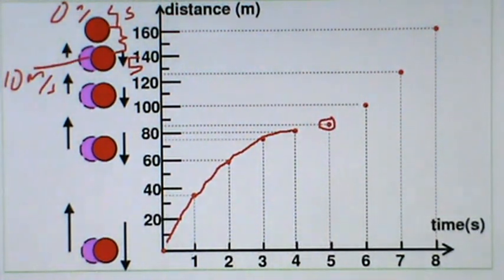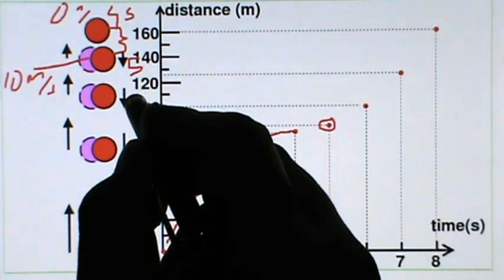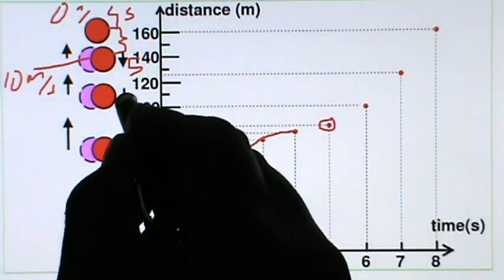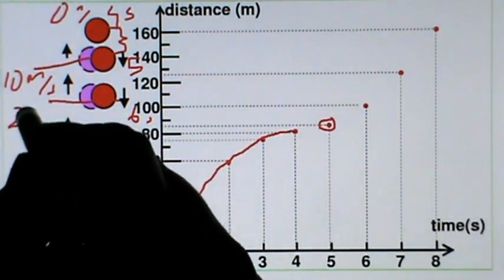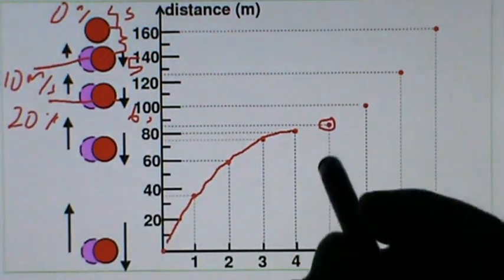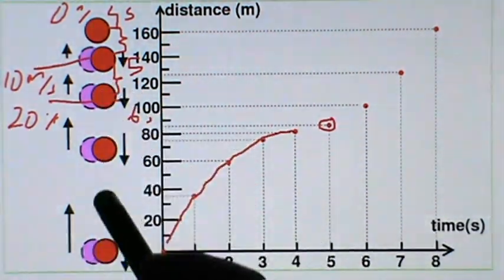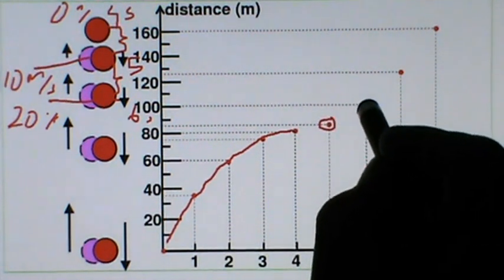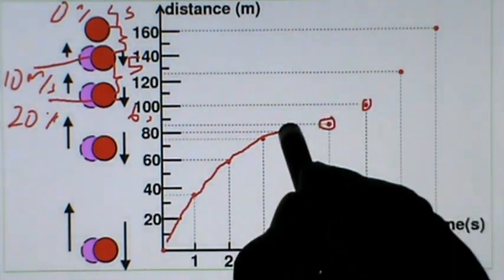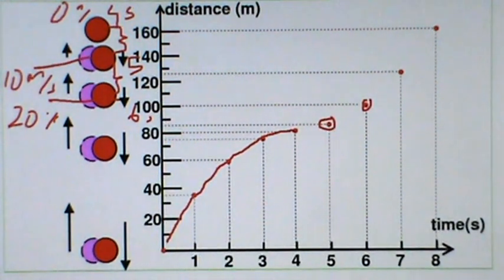And then from 5 seconds to 6 seconds, remember that the speed here is 20, so it will move 15 meters in this interval of time. So this is another distance traveled, from 85 to 100.